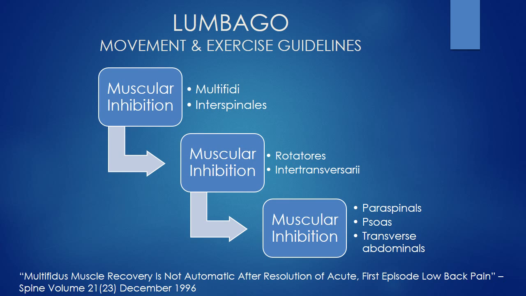It's unable to lift. It's unable to bend. And that's due to muscular inhibition of the deep paraspinal muscles and the paraspinal muscles, specifically and especially the segmental stabilizers such as the multifidi muscles. So I want to share with you the findings of this 1996 study that was published in Spine magazine.